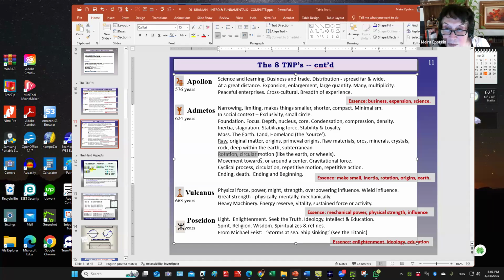Next is rotation, circular motion, like the earth or wheels. We need to differentiate between rotation and movement. It's easy to understand in terms of earth. Earth rotates on its axis in 24 hours, the day and night. That's rotation. It's like a spindle. It's not going anywhere, it rotates around itself.